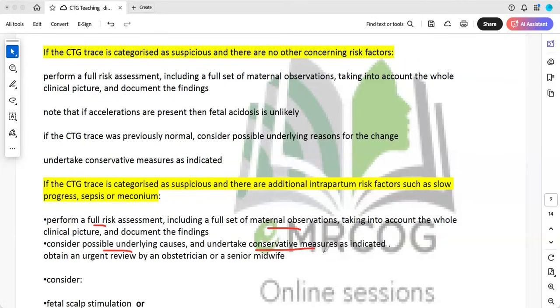Conservative measures, my friends, are very important to remember: I don't need to start oxygen routinely as a conservative measure. I don't need to start IV fluids routinely as a conservative measure. It should be given only when indicated or when needed. For example, with low saturation in cases of sepsis, I give oxygen.